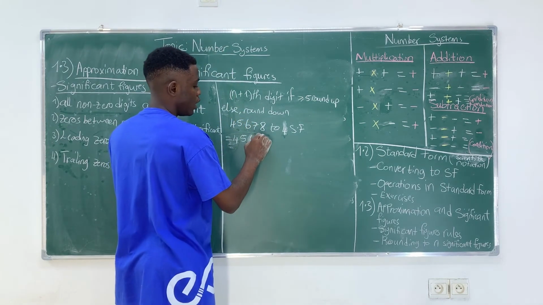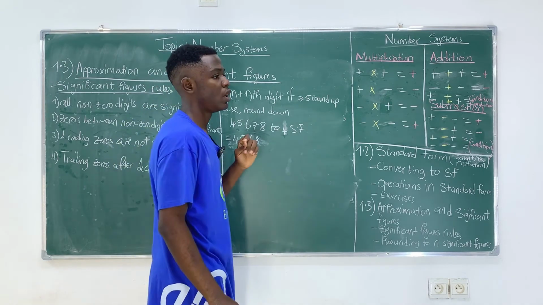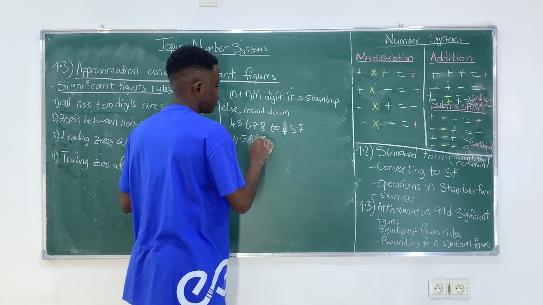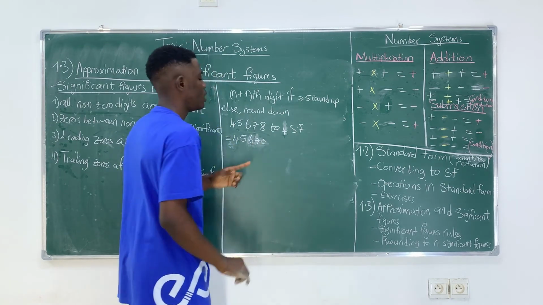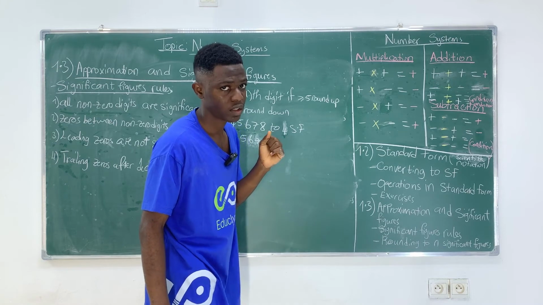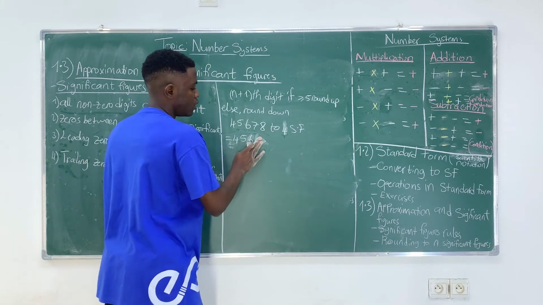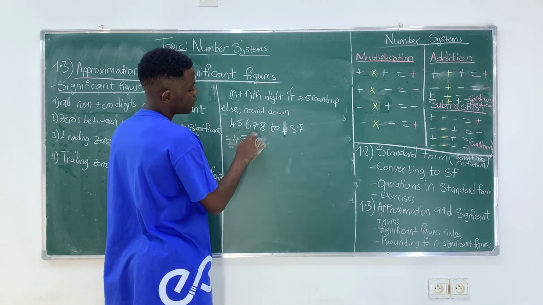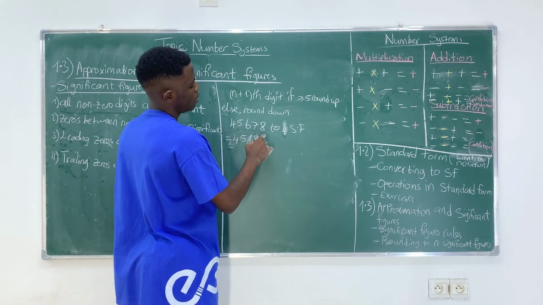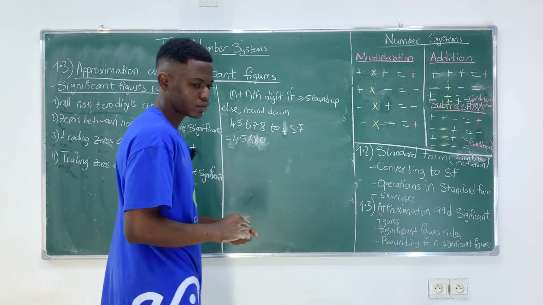Yes. Increase the 7 to 8. If not, if it is less than 5, I keep my 7 and I write 0. In this case, the number after 7 is what? It is 8. It's greater than 5. So I will add 1 to 7, and I change this to 0.